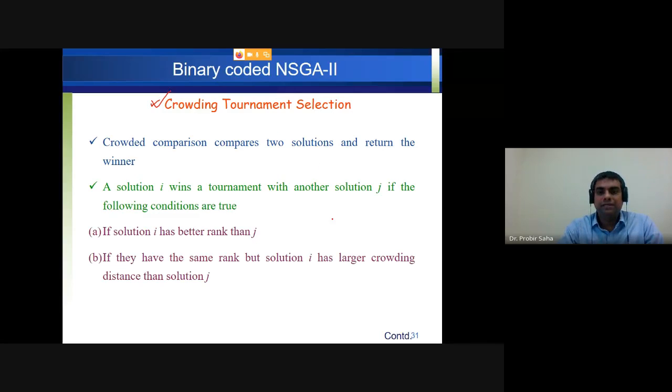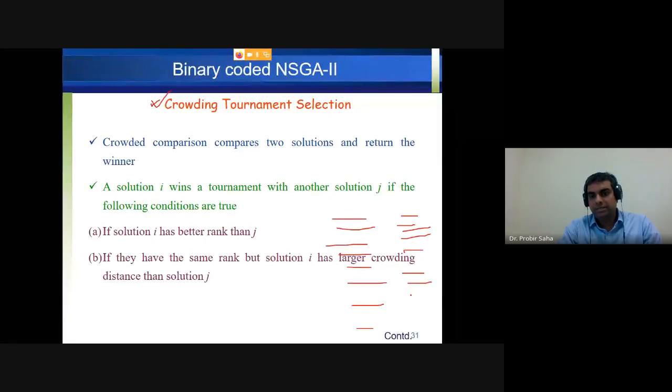That means we have 100 parent solutions, and now I have to create 100 children. 100 parents can produce 100 children. How will I get these 100 children? In single objective GA, as I said, we use, say, proportionate selection.